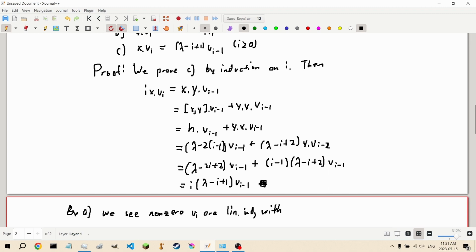And we recall that V is assumed to be finite dimensional.